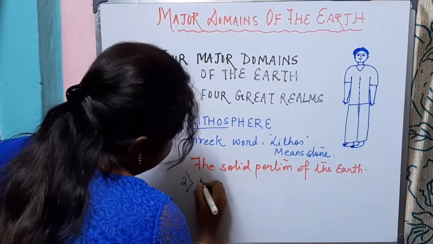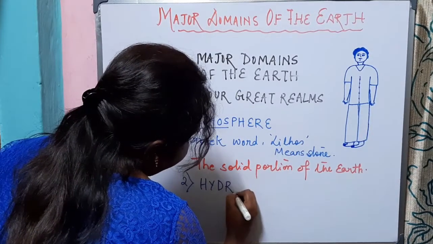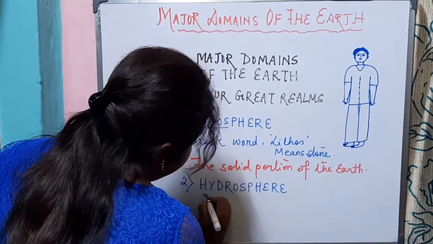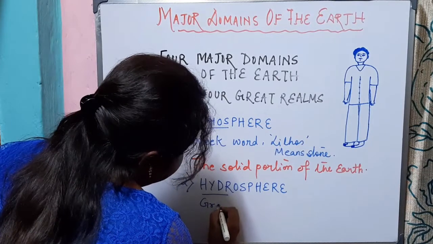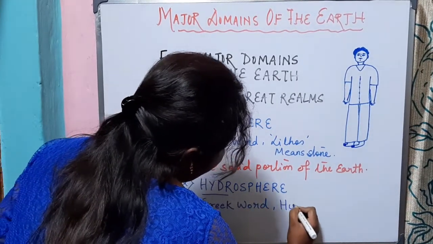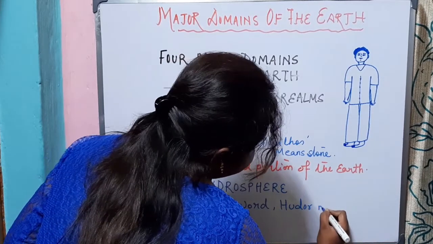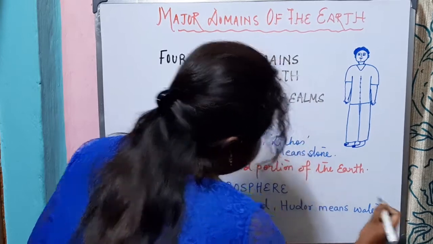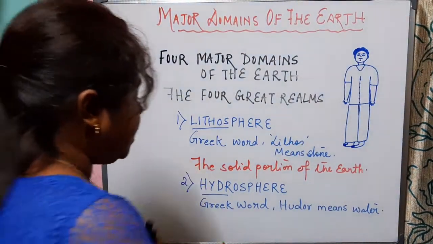Now the second domain is the hydrosphere. Again, hydrosphere derived its name from the Greek word Hudor, which means water. So what does hydrosphere mean?